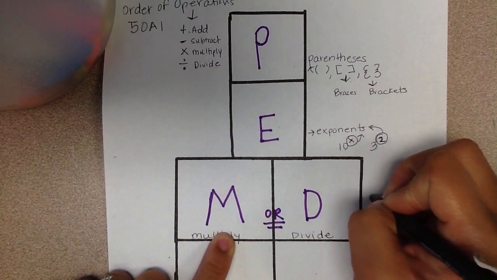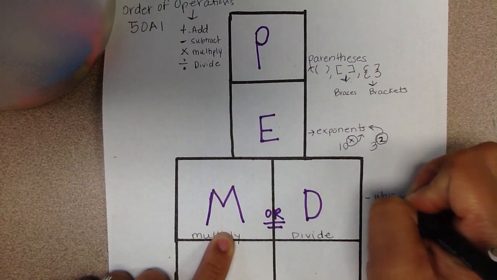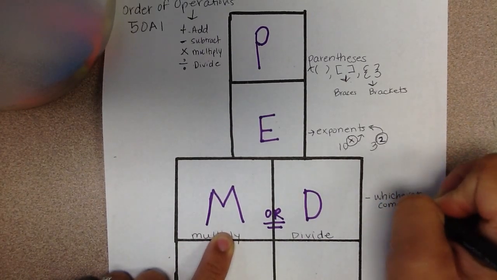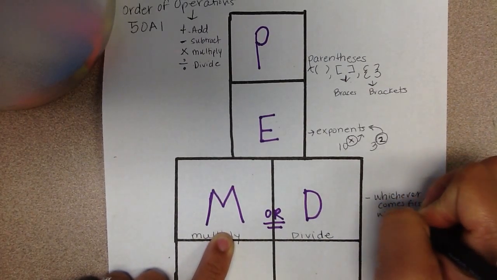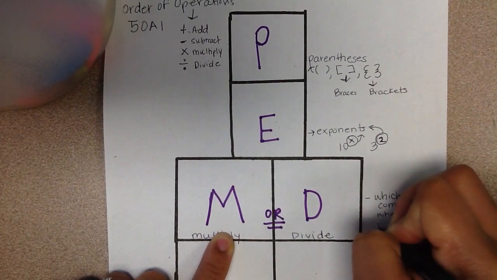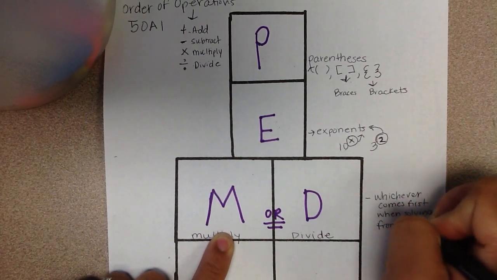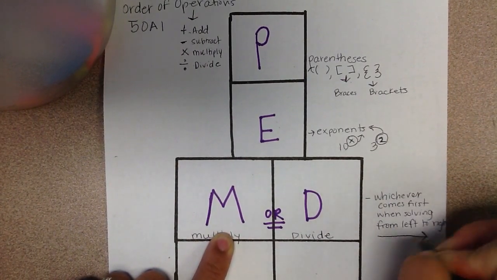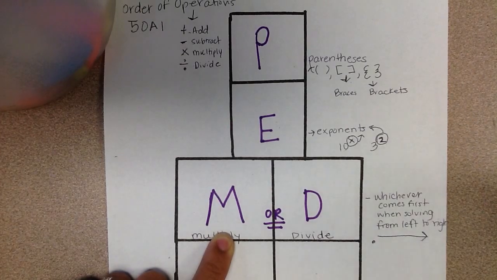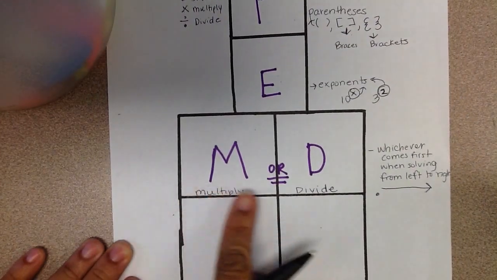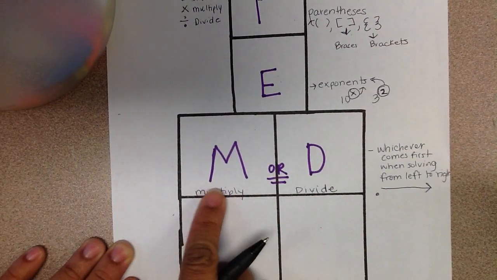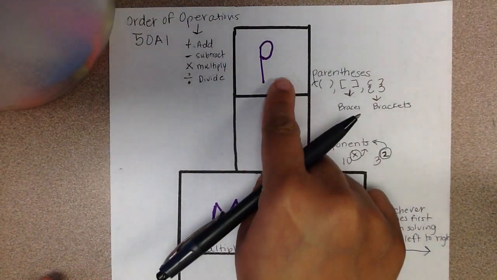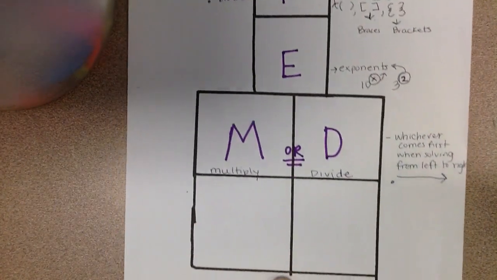It's whichever comes first when solving from left to right. So when I'm solving the problem from here to here, it's whichever comes first. If multiplying comes first from left to right, then I solve that first. If division comes first from left to right, then I solve that first, after I do the parentheses and exponents. All right?